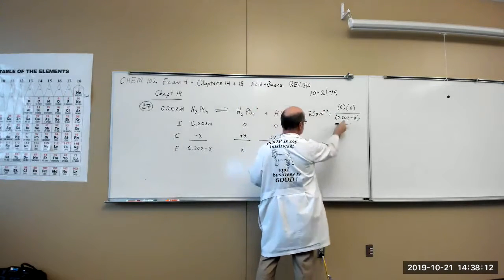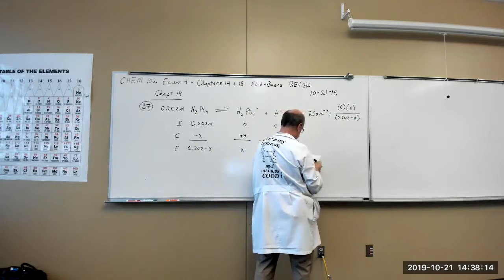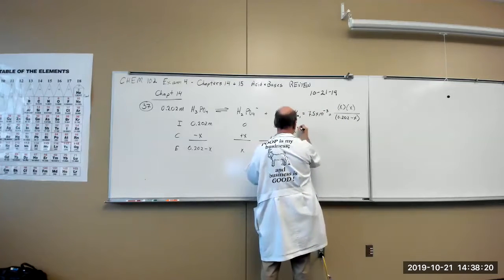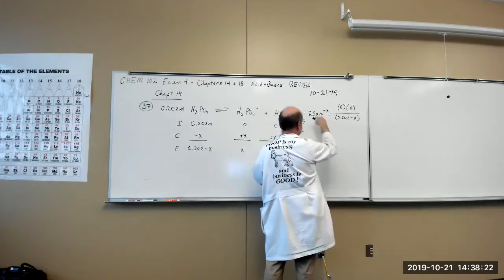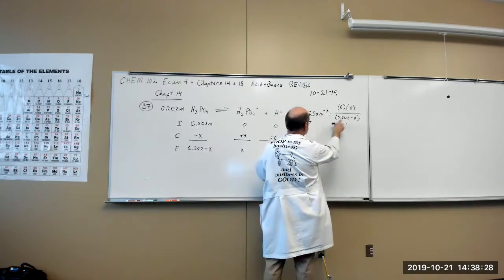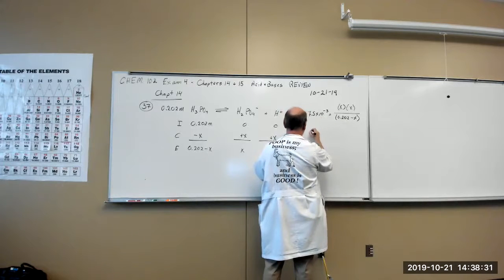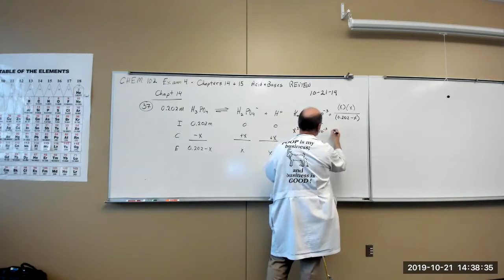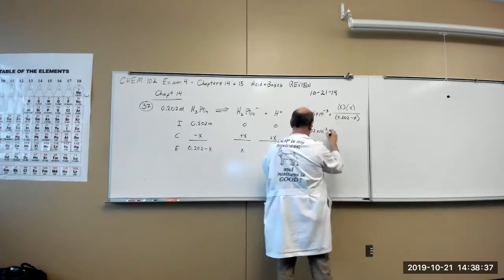So we have to do the calculation. We have to say this times that, which would be, let's see, x squared on one side, and this times that on the other side. So it's this term times that term is 1.52 times 10 to the minus 3 minus x times this one.